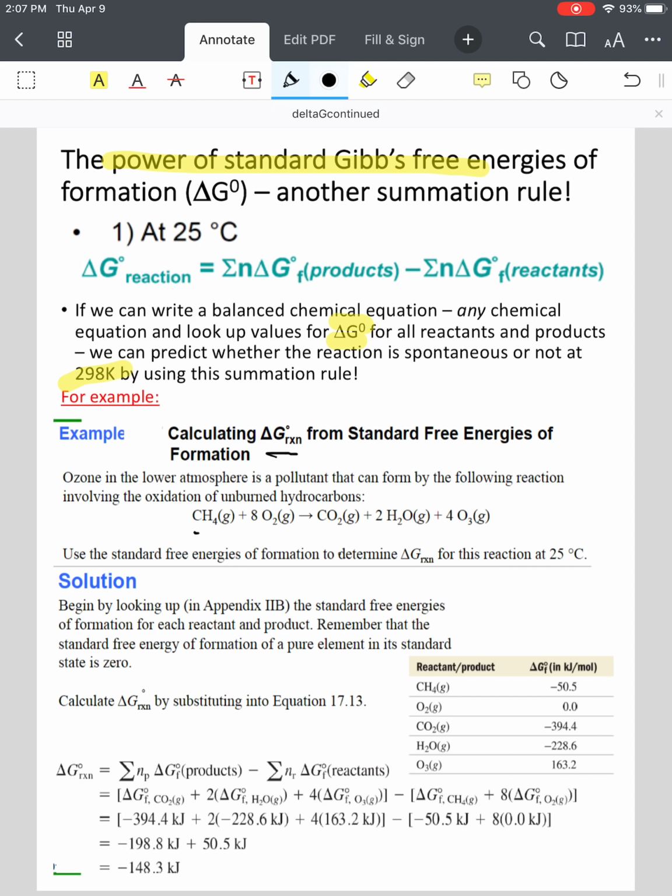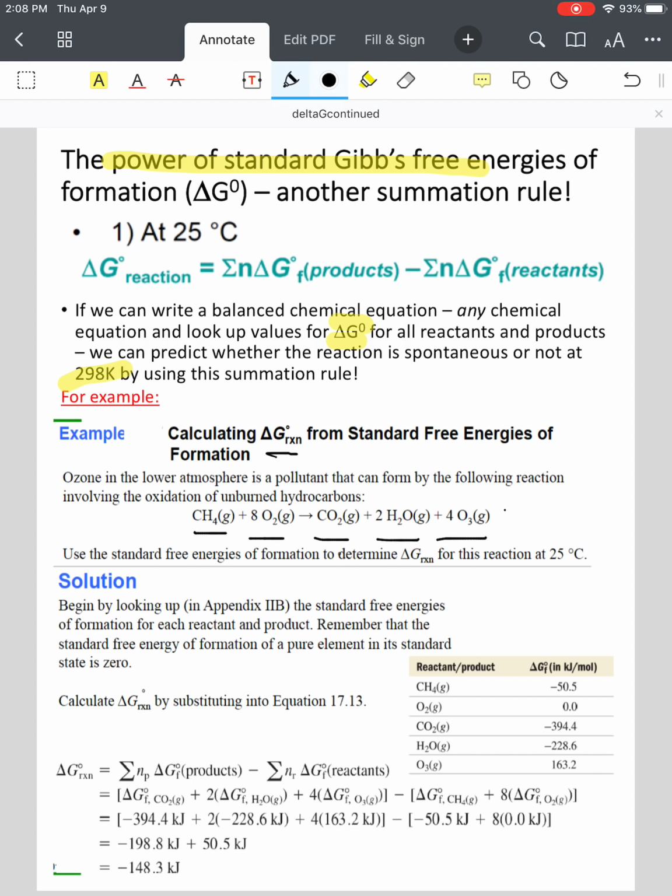We're going to take methane and combine it with 8 copies of O2 gas. We're going to make carbon dioxide, 2 copies of water vapor, and 4 copies of ozone. It turns out this reaction is a possible route to making ozone in the lower atmosphere.